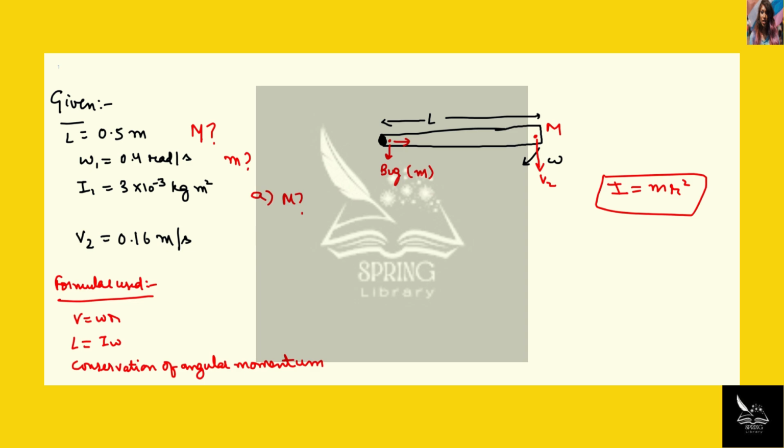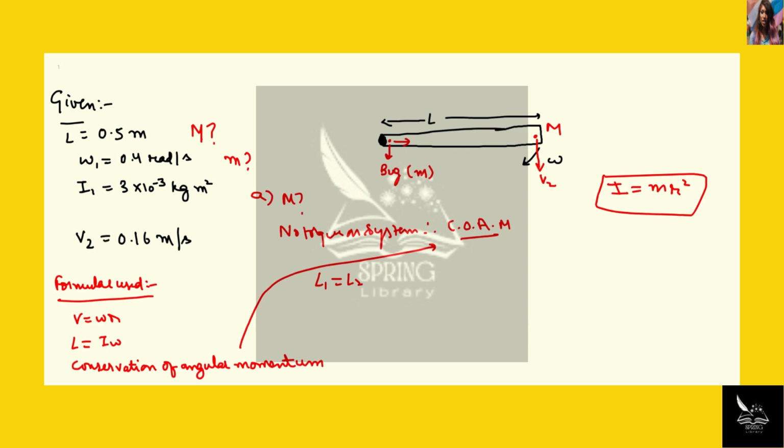Since there is no torque on the system, the angular momentum is conserved at every time. Therefore, whatever L1 is, L2 is. But we don't need that for this part.